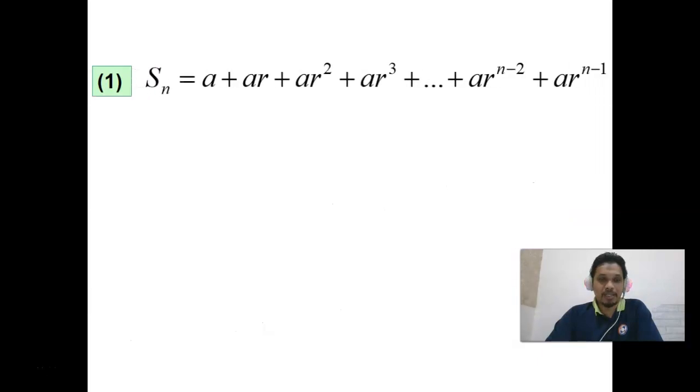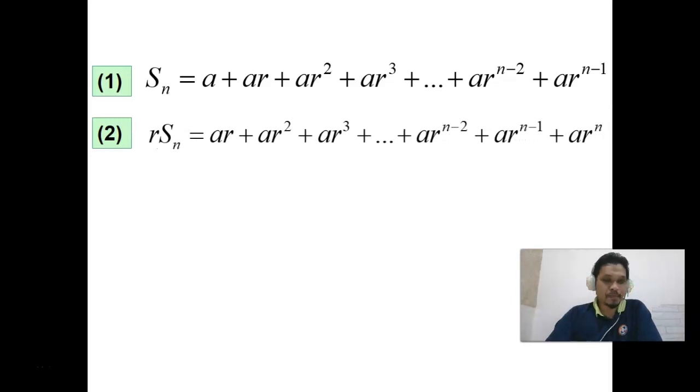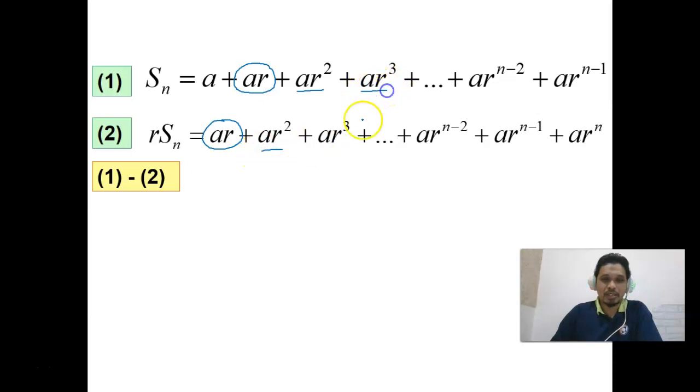Okay, and then given the summation of equation 1 and equation 2, so now make it as equation 1 minus equation 2. So it means that here we may compare the terms in equation 1: we have a times r and also a times r. We have a times r squared and a times r squared. a multiplied with r cubed, a multiplied with r cubed, and so on.